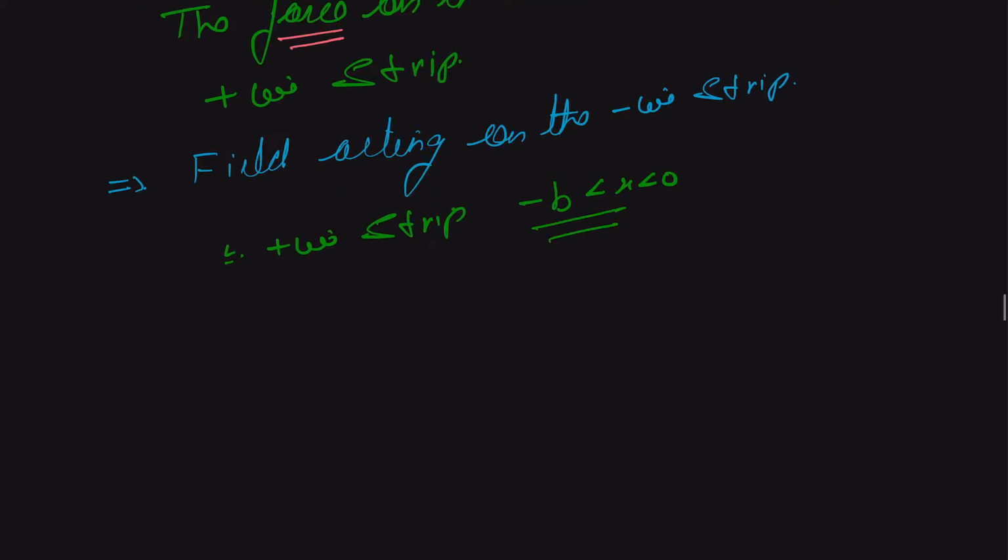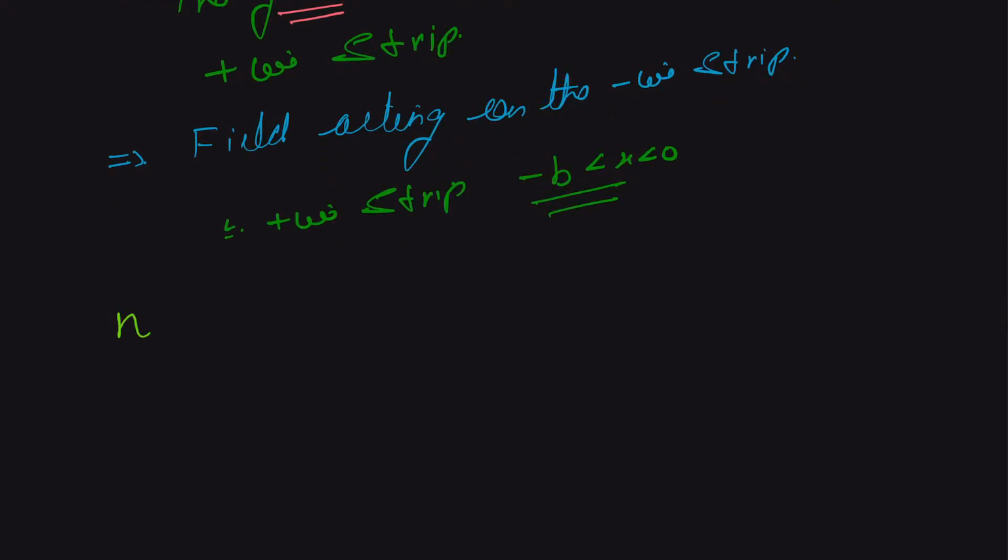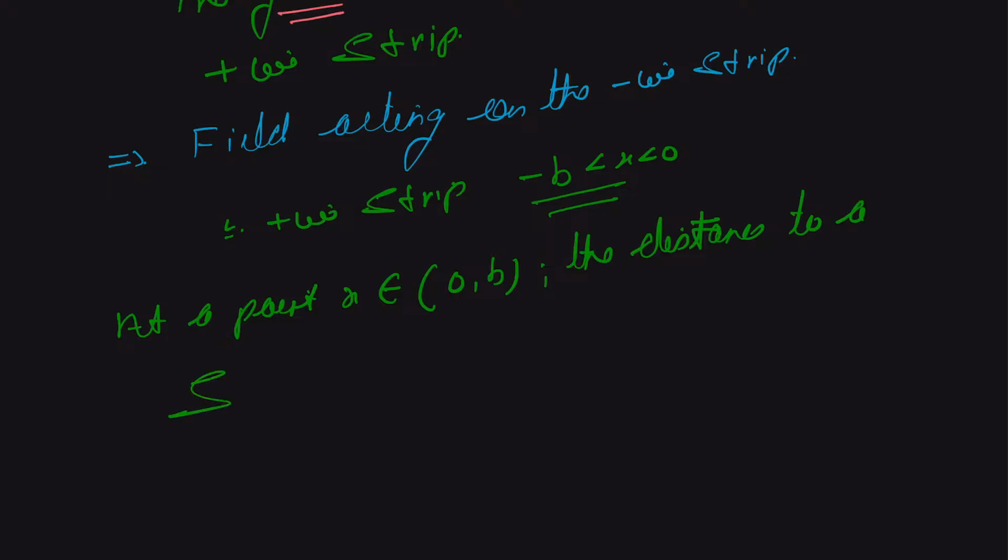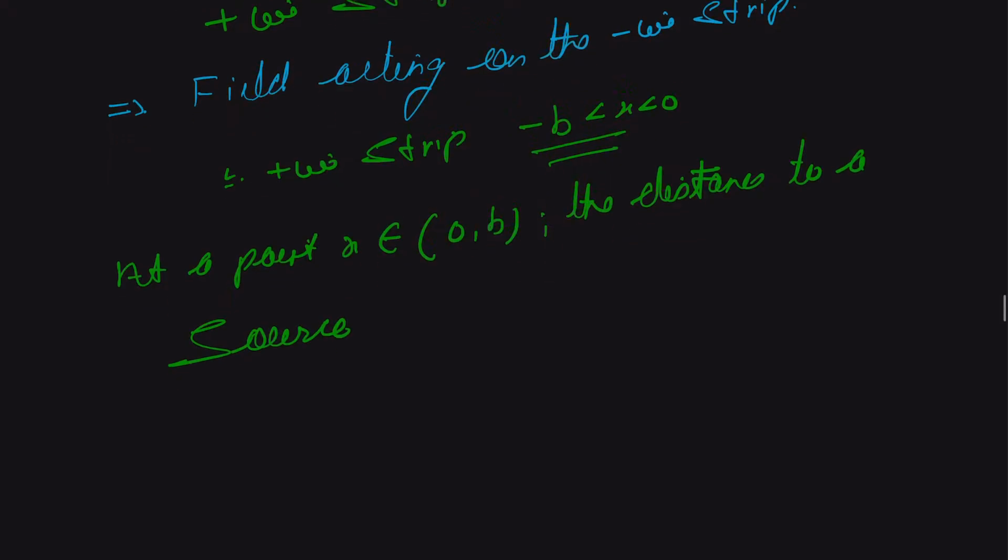Which basically means that at a point x, and that point x belongs to 0 comma b, the distance to a source point, which is our x prime, and that belongs to minus b comma 0, that distance will be equal to x minus x prime.